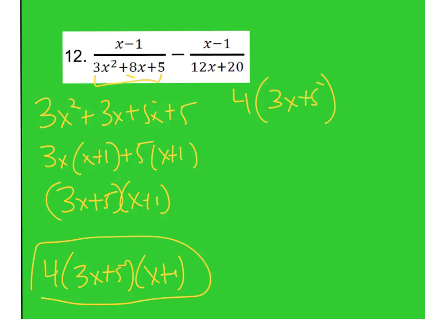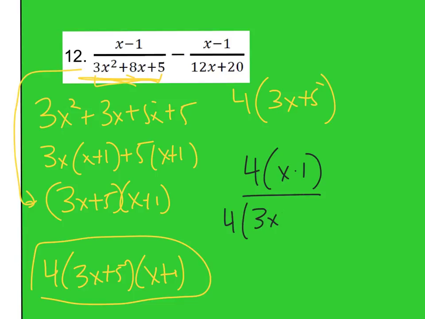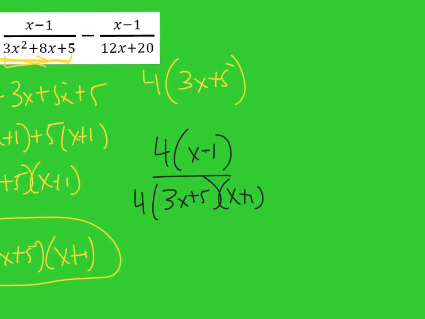So now, this is rewritten like this. All I need to add to that first one is a 4. So this becomes 4(x minus 1) over 4(3x plus 5)(x plus 1), minus, then over here, same denominator, but look at what needs to be added to the top.